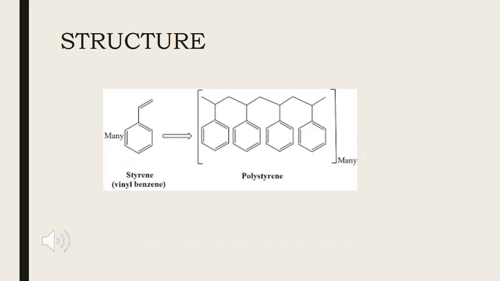In chemical terms, polystyrene is a long chain hydrocarbon wherein alternating carbon centers are attached to phenyl groups, a derivative of benzene. Polystyrene's chemical formula is C8H8. It contains chemical elements carbon and hydrogen.